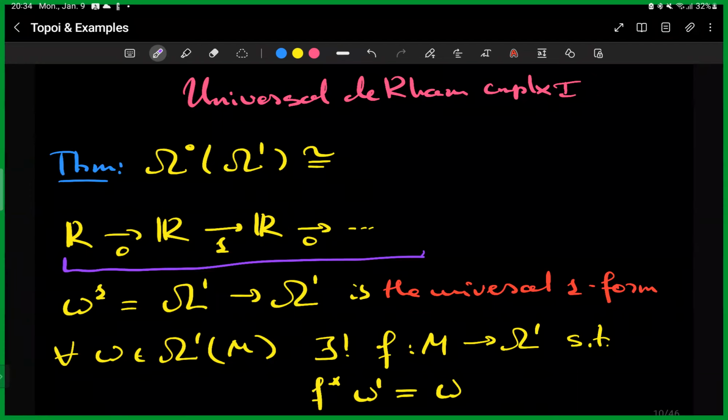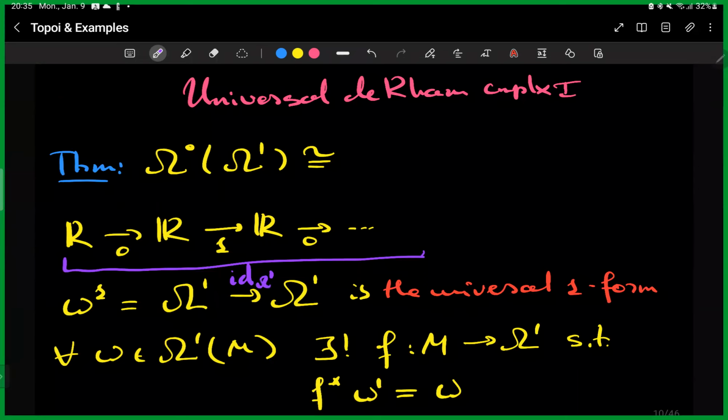However, here we can see that it is finite dimensional for this universal sheaf of differential forms. And moreover, we have a canonical form inside of one forms on one forms, which corresponds just to the identity map.